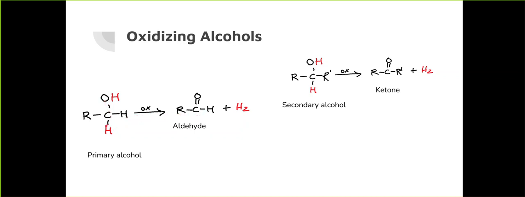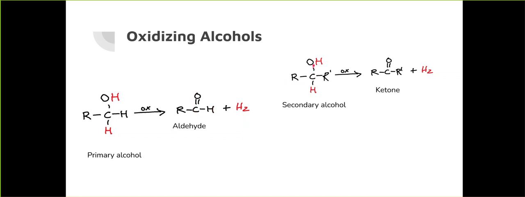So you're going to lose one of the hydrogens, and you're going to lose the other hydrogen that's on the oxygen here and form a double bond. You'll get hydrogen gas off as a byproduct, and you now have an aldehyde because you've got a C double bond O.